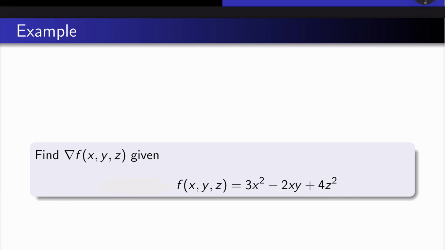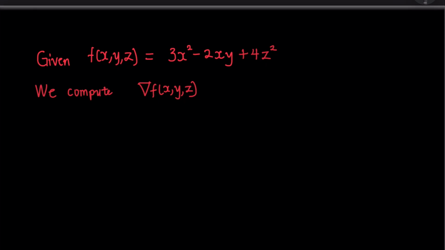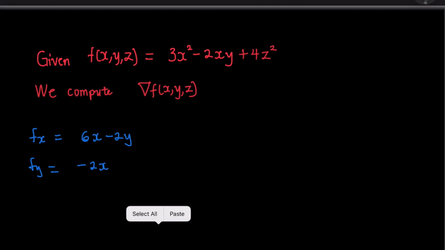Let's try our second example on finding the gradient vector. Here we are given a function f and we are asked to compute the gradient of f. Computing the partial derivatives gives f_x as 6x minus 2y, f_y as minus 2x, and f_z as 8z.